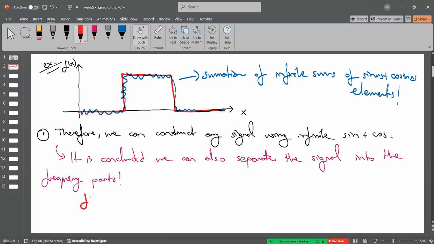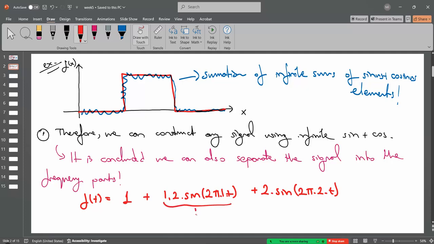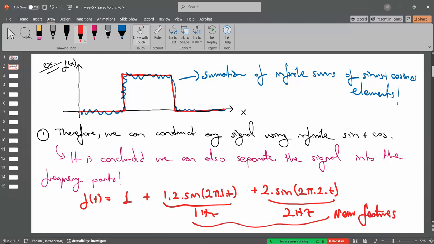For example, if we have any f(t) signal in here, one bias value, and 1.2 sin(2 pi 1 t), okay? Plus 2 times sin(2 pi 2 t), and so this is the 1 hertz, this is the 2 hertz. Maybe this is what can be called the new feature to our neural network.